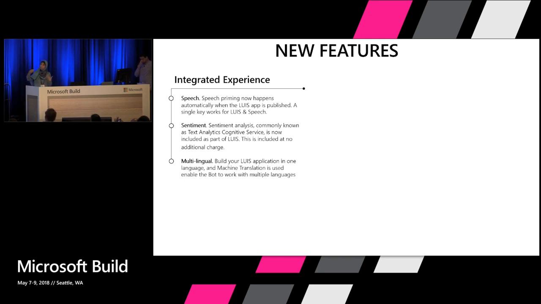So you've built your LUIS model with a lot of data, right? Now you want your speech to automatically understand that and build a custom speech model. So we give you the full power of customization, both across LUIS and speech, through sending the LUIS data to the speech service and making use of it, only by making one check mark at publishing time in LUIS. Enable speech. You only enable speech. One key and you're done.